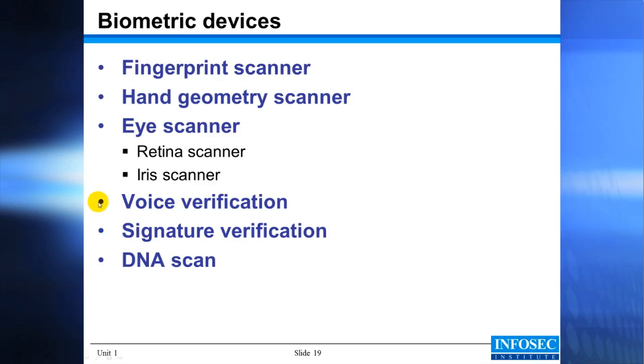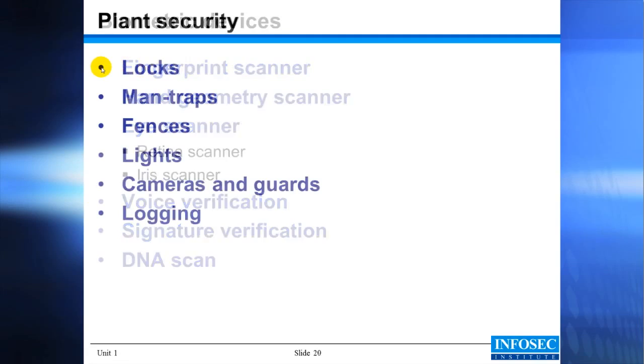Now, these second two techniques, voice verification, signature verification, and DNA scan, are a bit over the top. Typically, an organization is going to rely on a finger or a hand or an eye scanner to implement biometric controls.